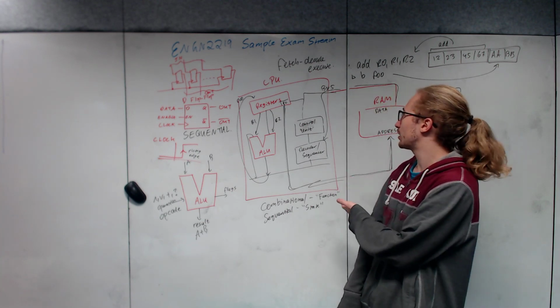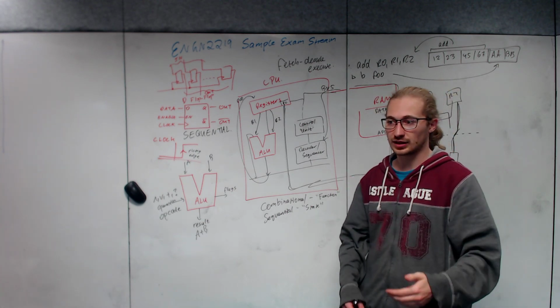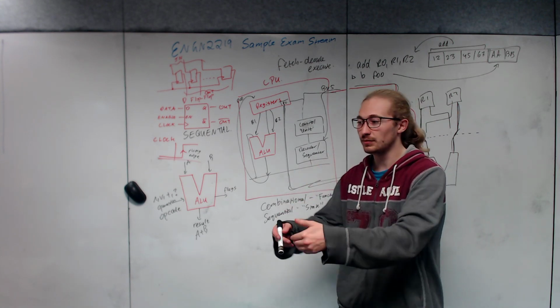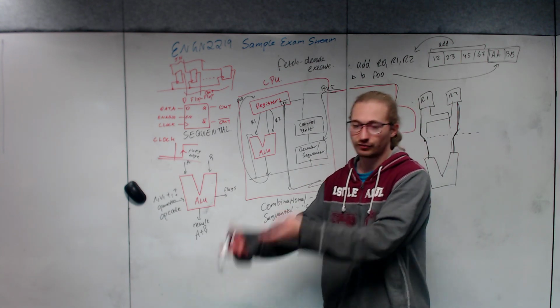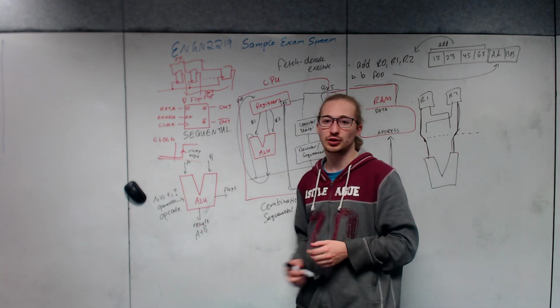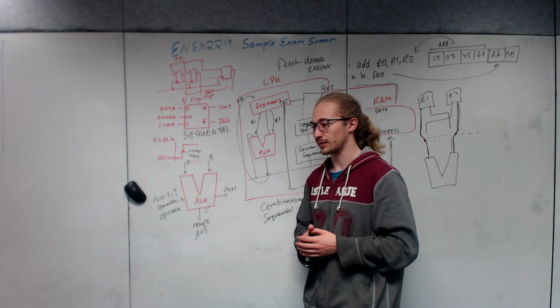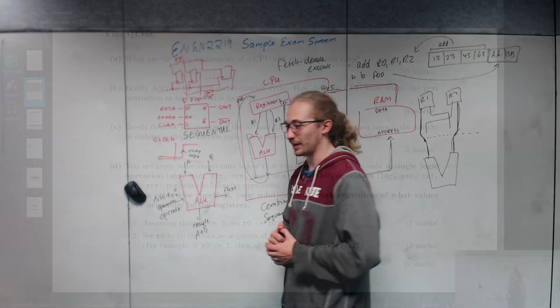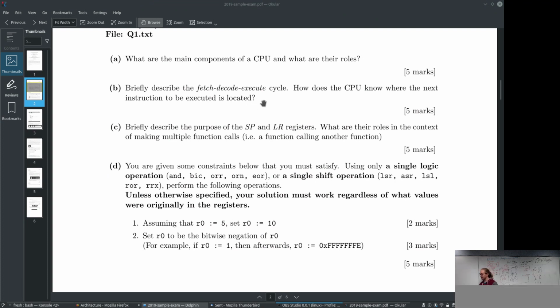That's what fetch, decode, execute does. After that, you increase the program counter a little bit to find the next instruction, and then you do it all over again. Fetch, decode, execute, fetch, decode, execute, and the computer will continue doing that indefinitely until you yank the power or turn it off or an interrupt happens or any one of a number of things. So I guess we've basically covered these 3.